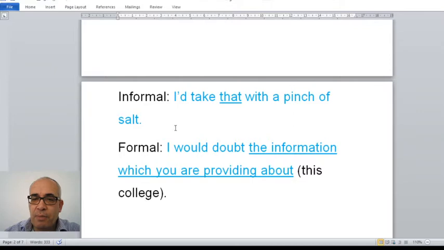And take something with a pinch of salt, I have to say, doubt the information which you are providing about this college or this party or this event or anything. If you say take something with a pinch of salt, it means doubt it. Doubt it means doesn't trust it. I put the important information for you in blue. This is how it is in the informal sentence, and this is how we do it in the formal sentence.